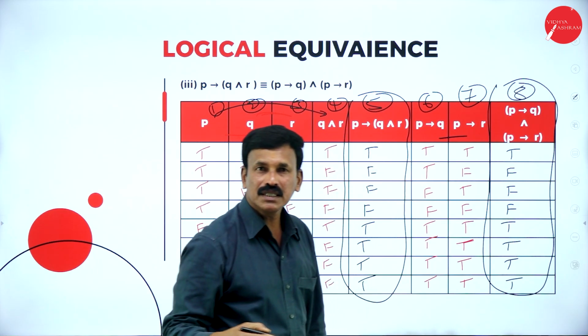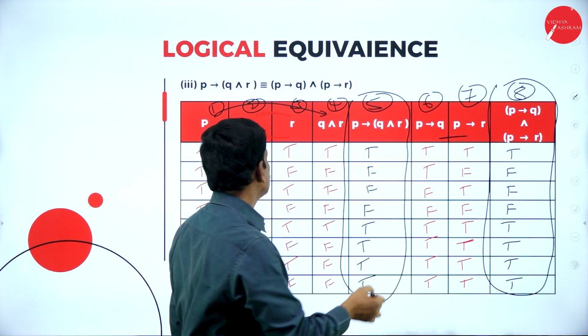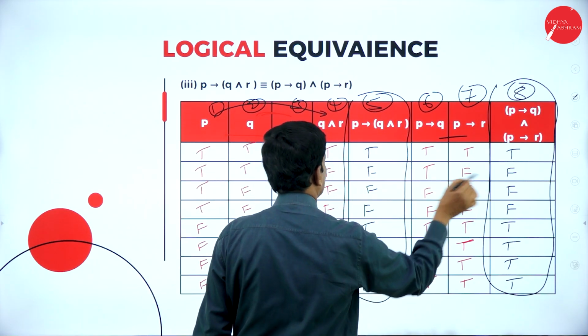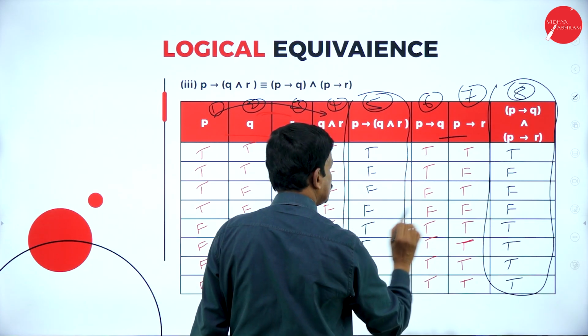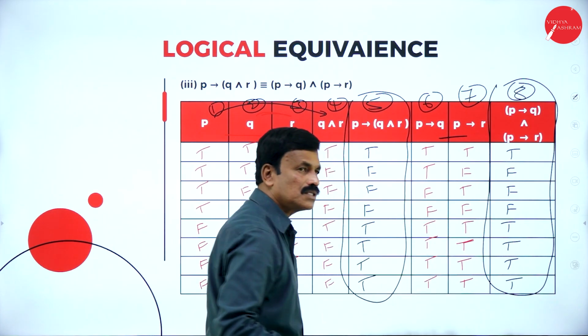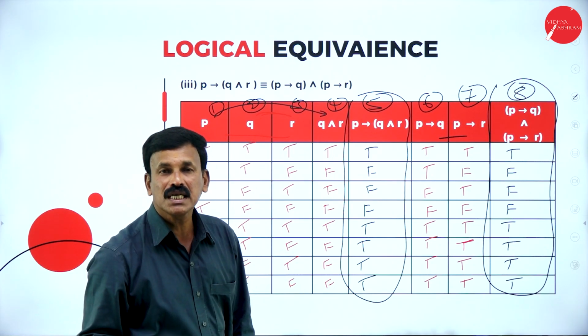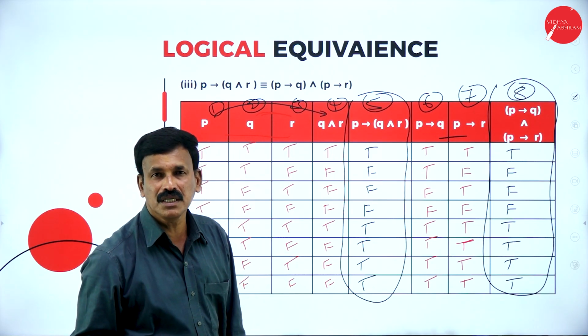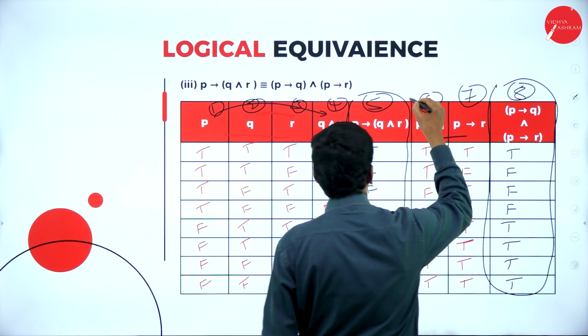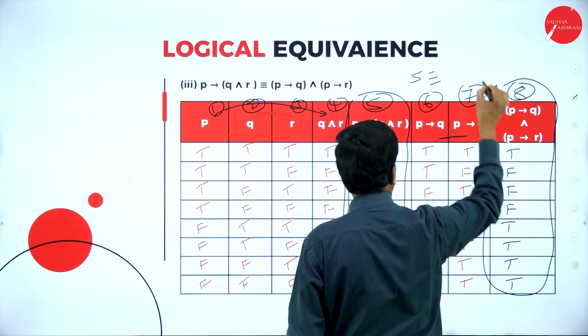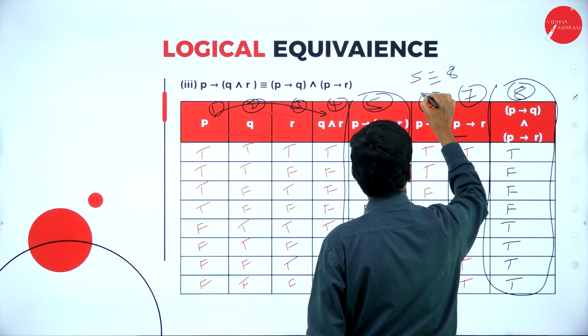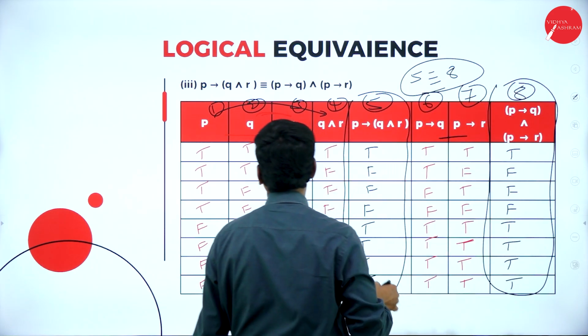If they are equal, then they are logically equivalent. So T, T, F, F, F, F, T, T. The truth values in the fifth and eighth columns are found to be the same. So therefore they are logically equivalent.